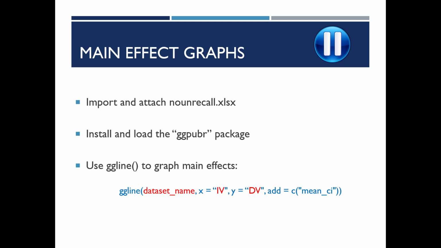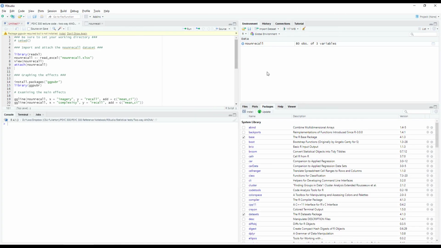Meet you there. All right, so here we are in RStudio, and I have already imported the dataset noun recall. And so you can see it here. And then I've also attached it as well. And then I've cleaned up this area in order to make room for what we're going to do, which is to do the installation of the ggpubr package. And so you can either run this code or use this install button under packages.